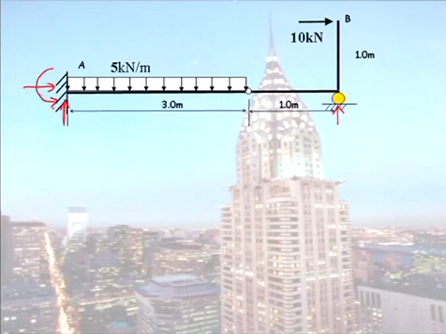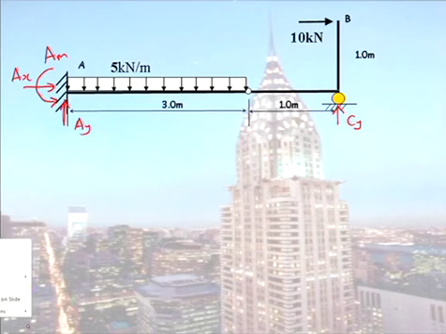So that internal pin gives us our 4th piece of information that we can then calculate our 4 reaction forces with. So what do we need to do in this instance? As usual, we need to split our system into 3 free body diagrams either side of the internal pin.